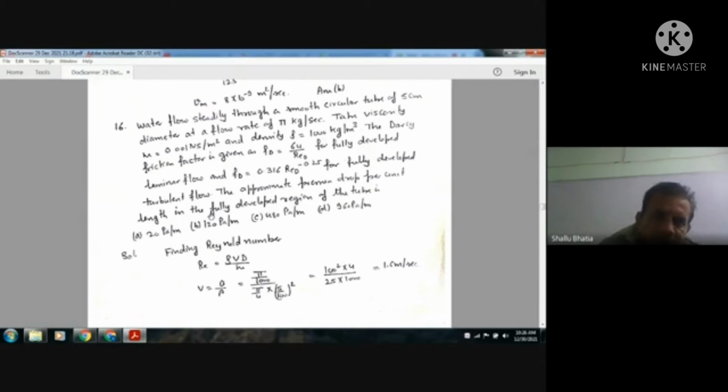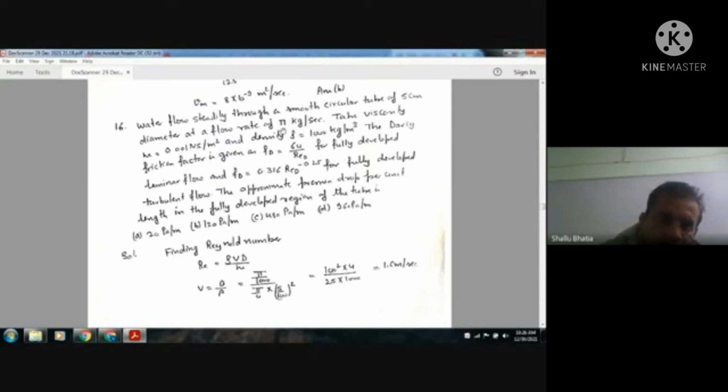Here the diameter of the tube is 5 centimeter and flow rate is 5. From this we can calculate velocity. Okay, so Q by A. Q is 5 kilogram per second, and so it is in kilogram.